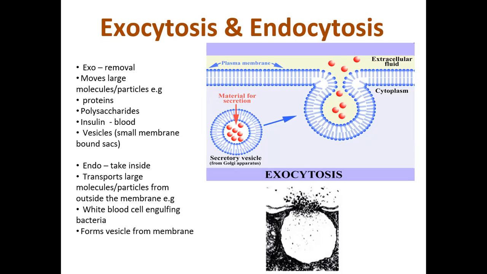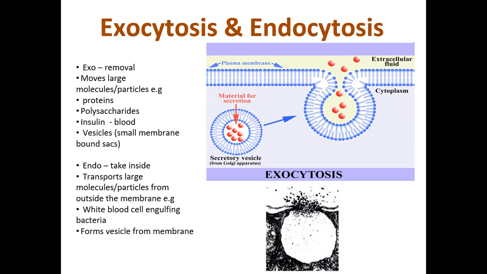It's not very efficient to use active transport or protein channels for things like proteins, polysaccharides, insulin, vesicles. So all these things leave by exocytosis.